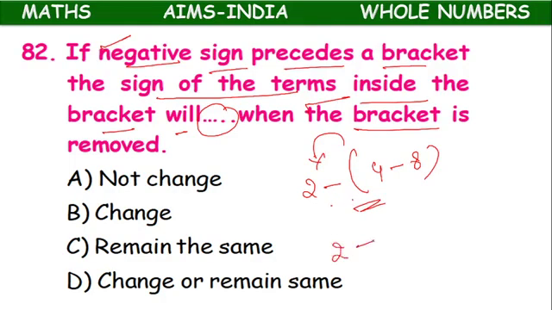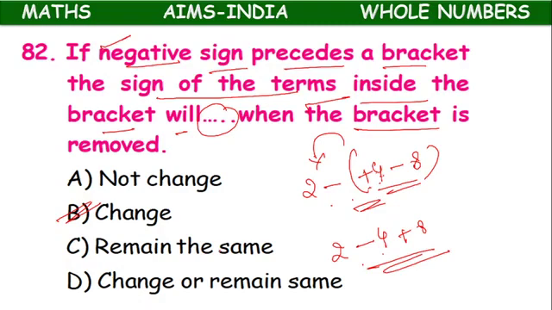If we remove the bracket, what happens to the values inside the bracket? Here we have plus 4, it will become minus 4. Minus 8 will become plus 8. Means they will change. B option is the right answer. When the bracket is removed, symbols will change.